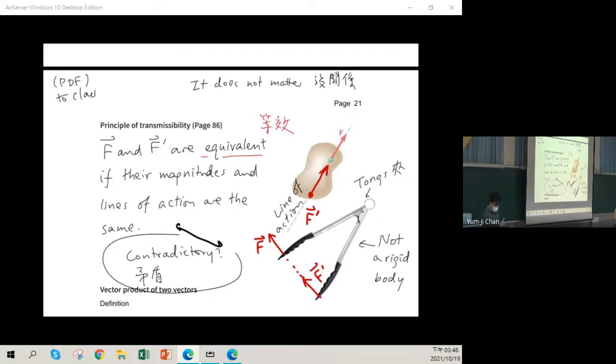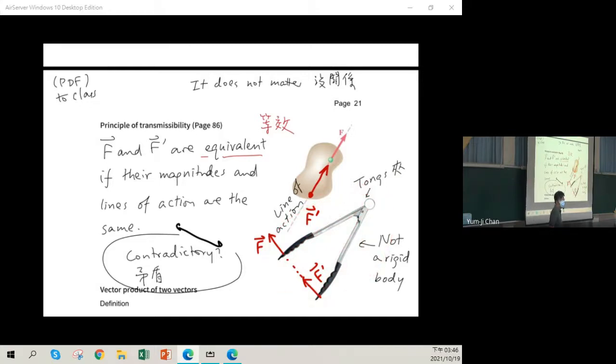So we have this one: F would have a different effect from F prime because this one is not a rigid body. You can say this is the combination of two rigid bodies, but the whole structure itself is not a rigid body.